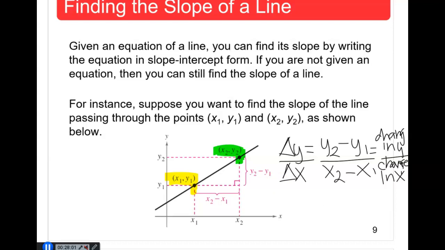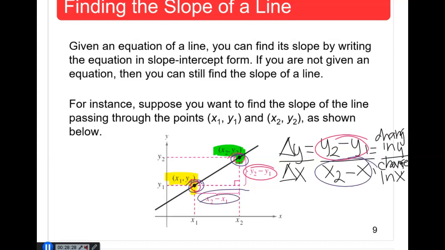And we will see that on the next slide as well, but here's the graphical idea of calculating the change. So we are going to see how far the graph goes up from this point to this point, and that is what we have here, the change in y. And then we want to calculate how far the graph moves horizontally from this point to this point, and so that is right here.